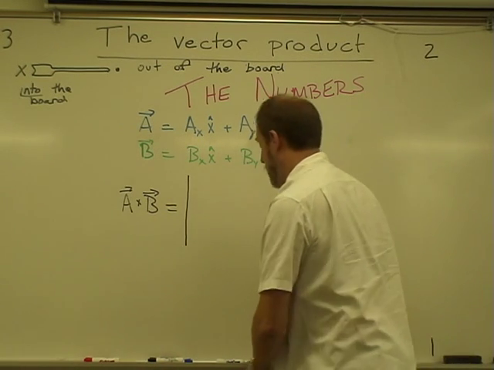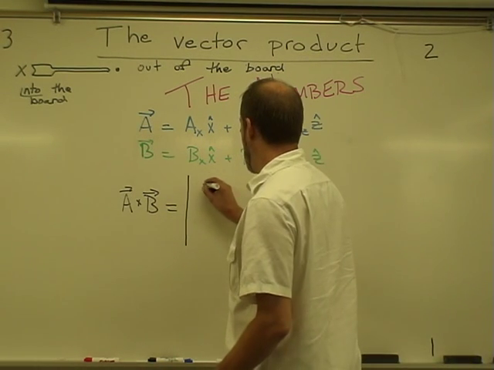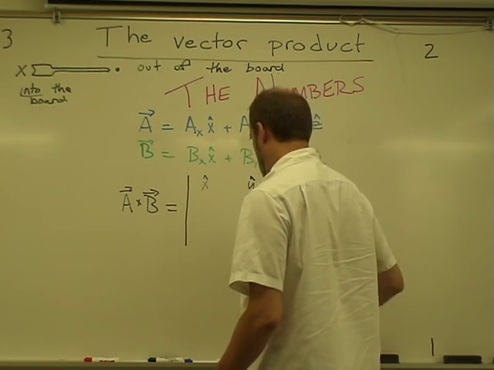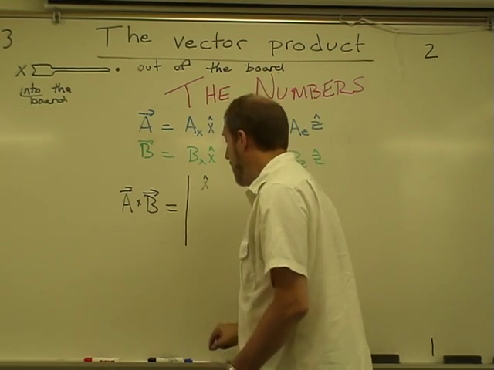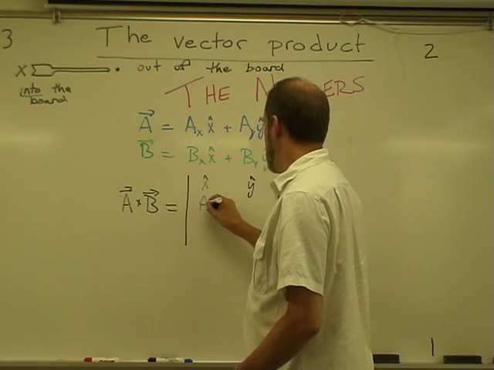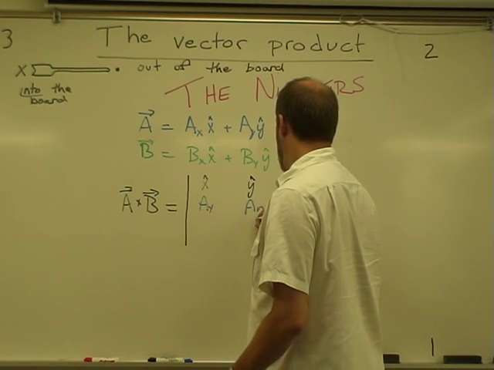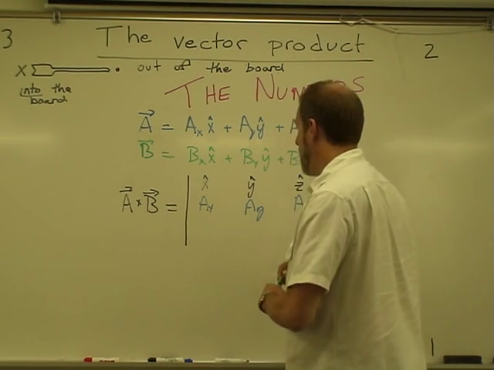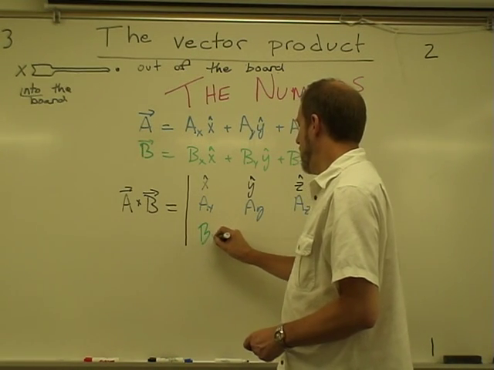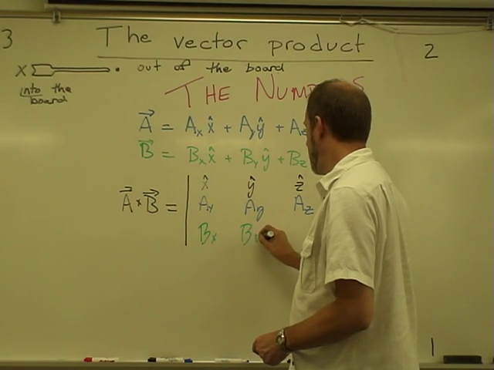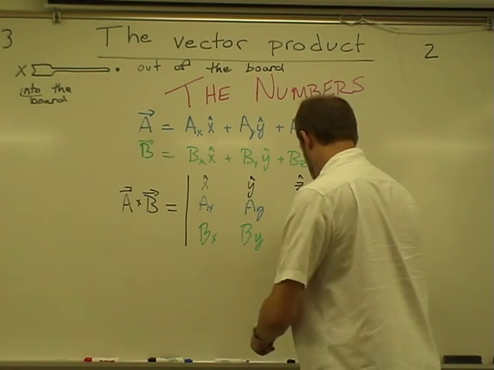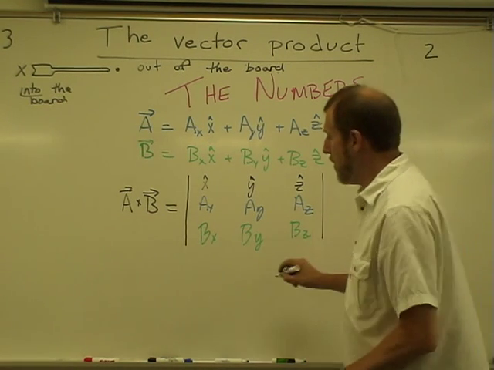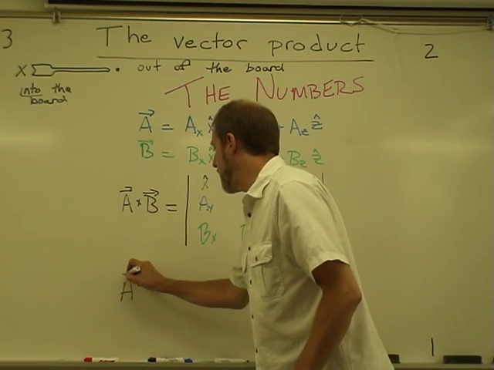So if I put in x, y, and z, and then ax, ay, az, and then bx, by, bz.